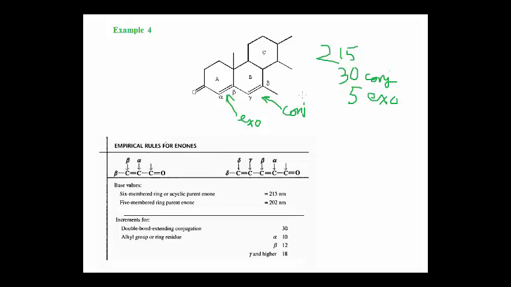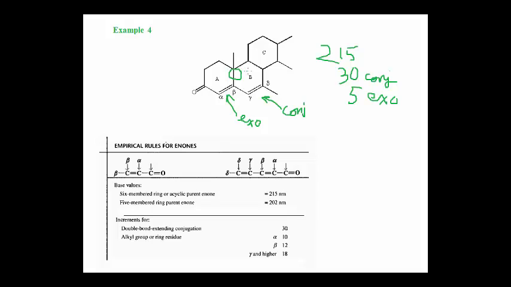Now, let's look at the substituents. We have only alkyl substituents on the conjugated chain, and so let's begin. On the alpha carbon, we have only a hydrogen. There are no alkyl substituents. On the beta carbon, we have this alkyl substituent. This is a ring residue.